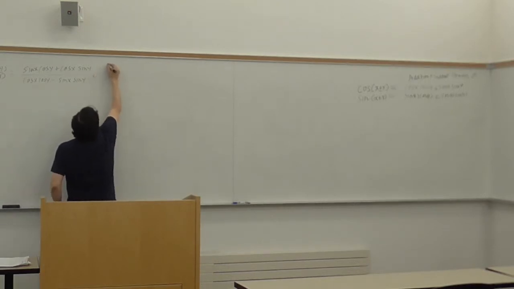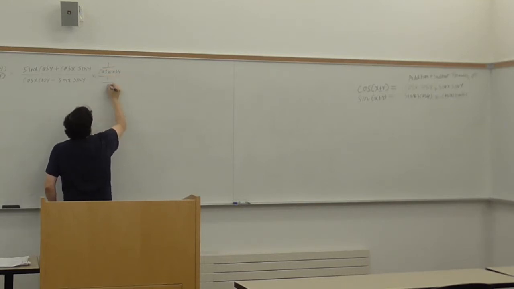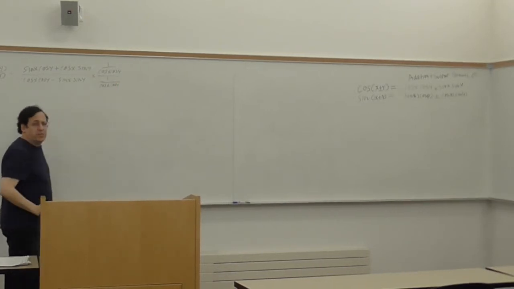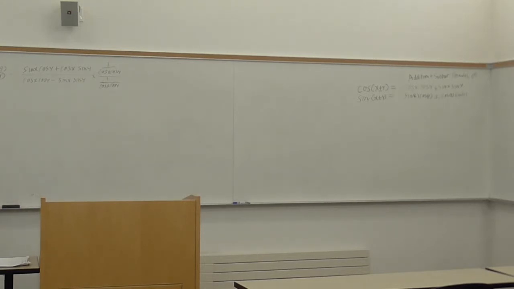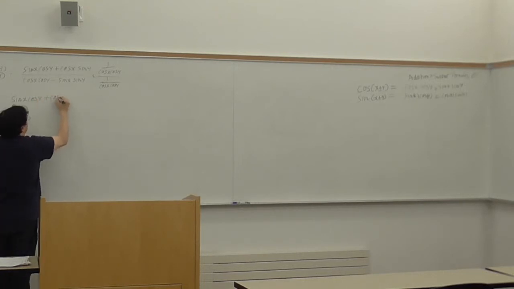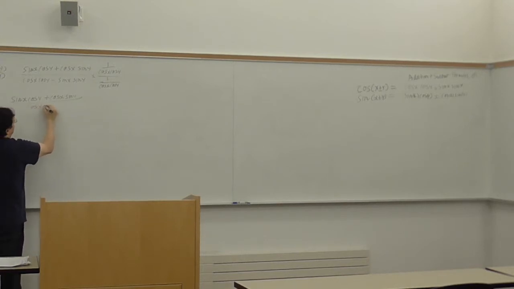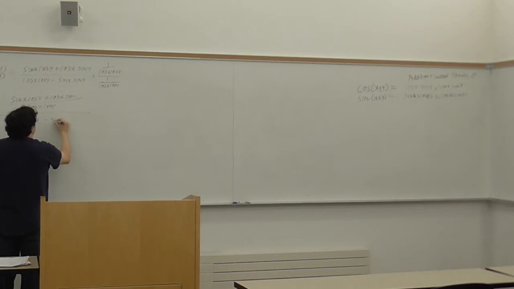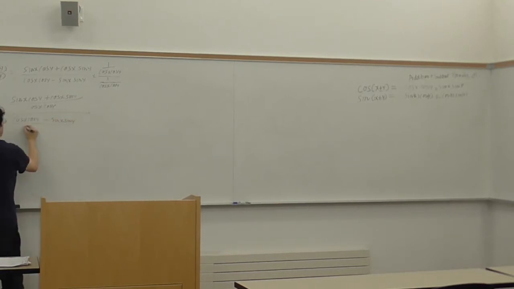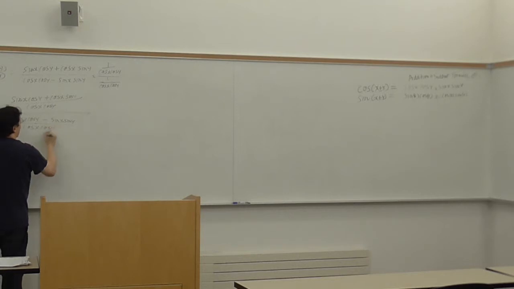If we multiply by 1 over cosine x cosine y over 1 over cosine x cosine y, a name for 1, what would we get? We get sine x cosine y plus cosine x sine y, over cosine x cosine y, over cosine x cosine y minus sine x sine y over cosine x cosine y.